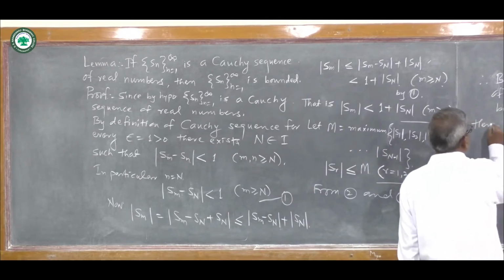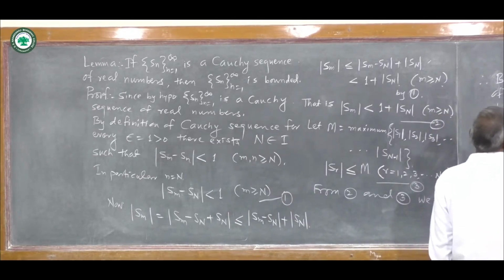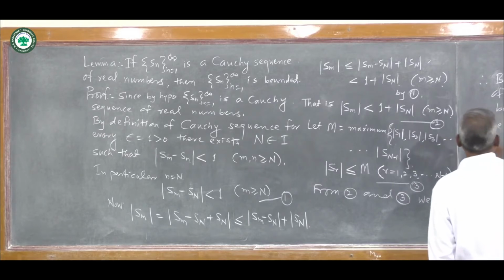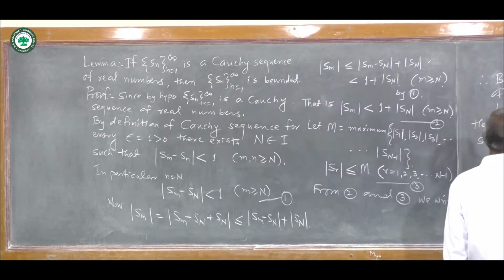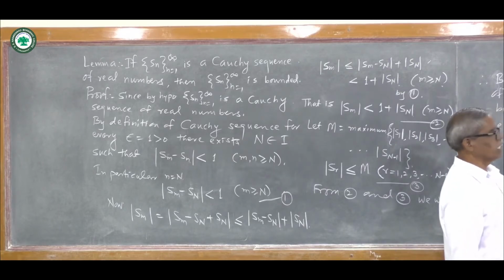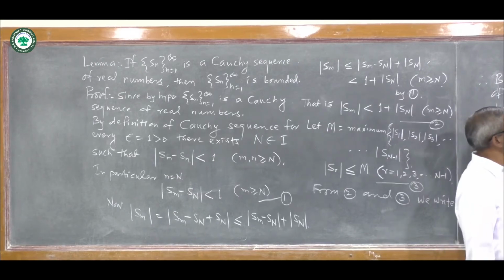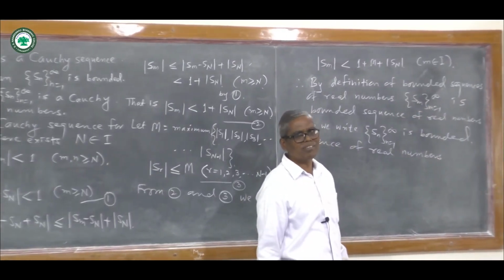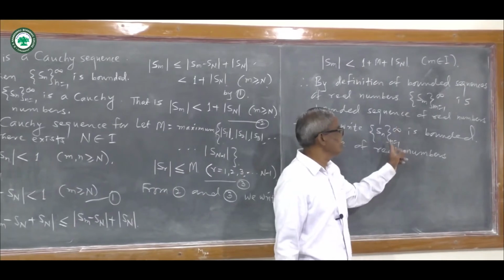Since the range of this sequence is S1, S2, S3, Sn and so on, and the range of the sequence S suffix M, M equal to 1 to infinity, is S1, S2, S3 and so on, the range set is the same.